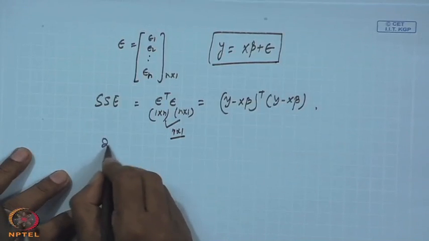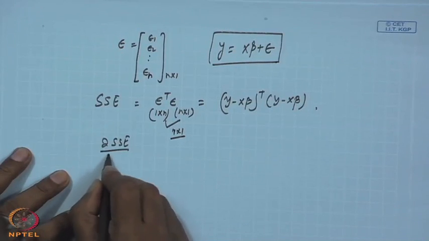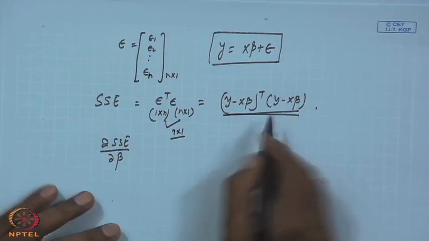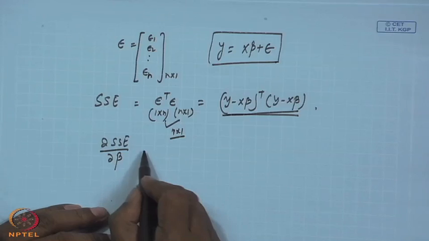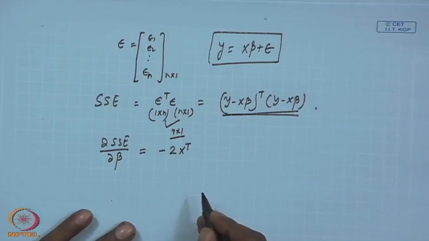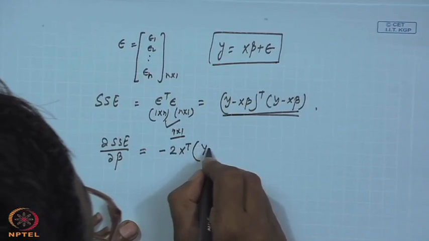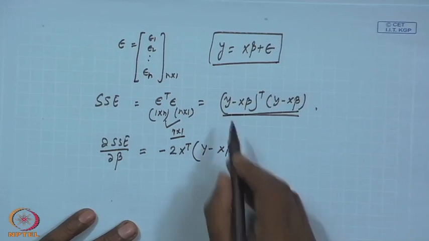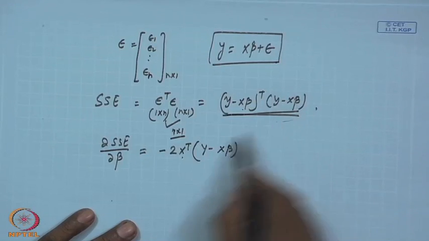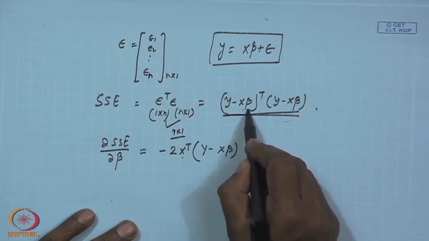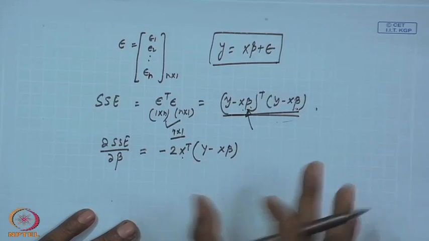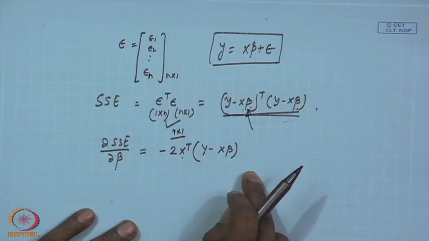Now, if I take derivatives with respect to beta, it is nothing but the square term. So, ultimately it will come like this: 2 x transpose y minus x beta. One x transpose will come from here, and the derivative will remain this, because we are differentiating with respect to beta, and with matrix compatibility you will get this equation.